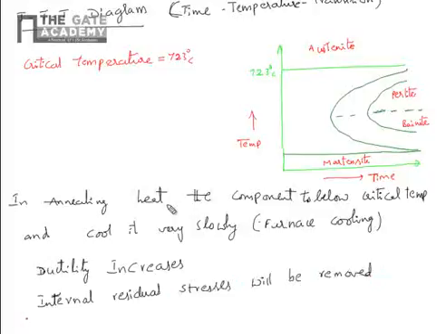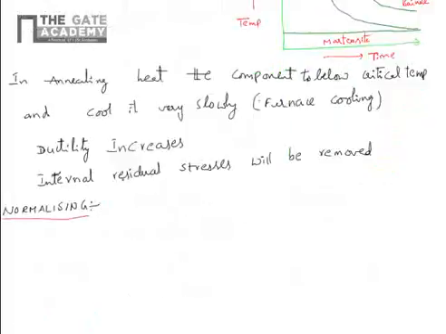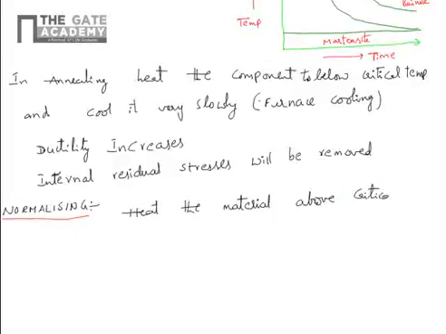The next one is normalizing. Here in normalizing, we heat the material above critical temperature and cool in open air.